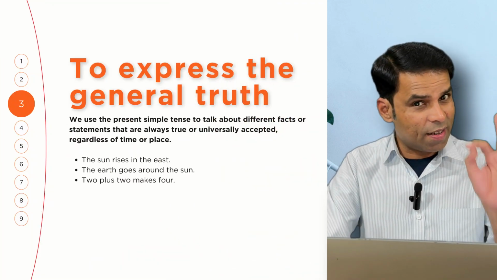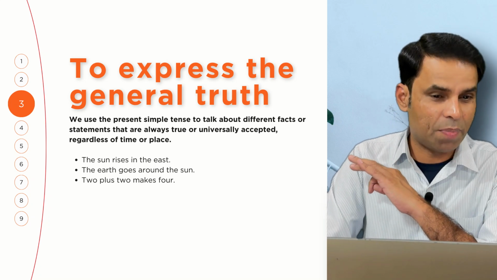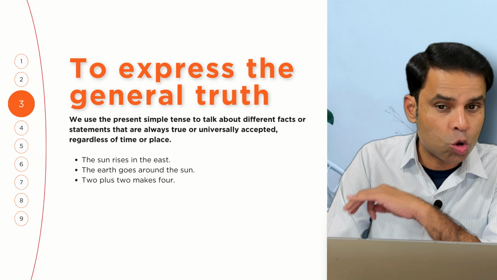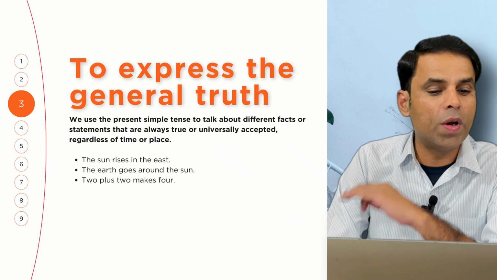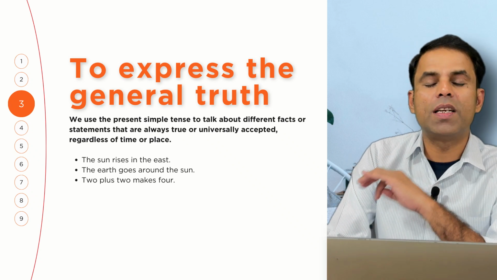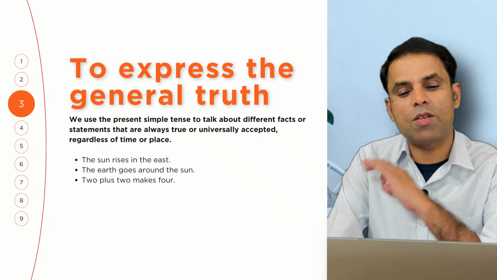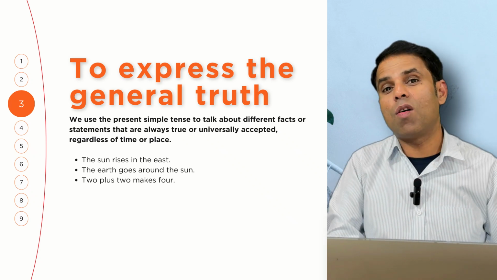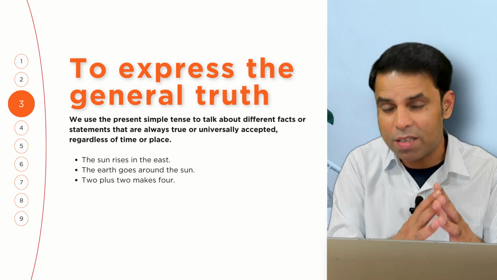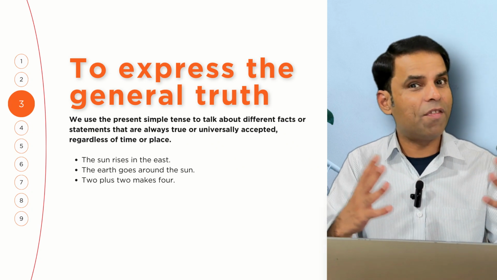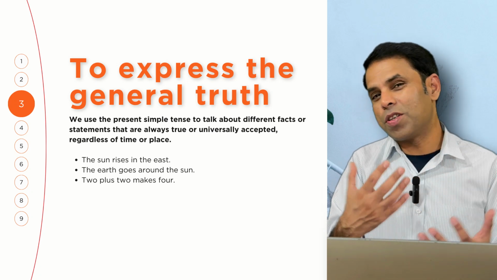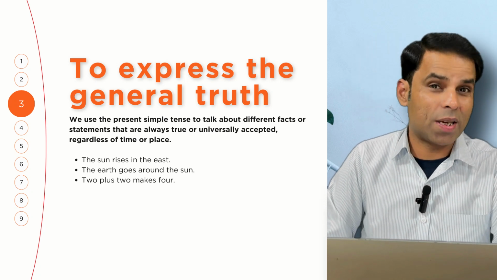Now here's the third usage of present simple tense. We use the present simple tense to talk about facts or statements that are always true and universally accepted regardless of time or place. Anything which is accepted worldwide, anything which is true everywhere, whenever we want to talk about these, we use the present simple tense.